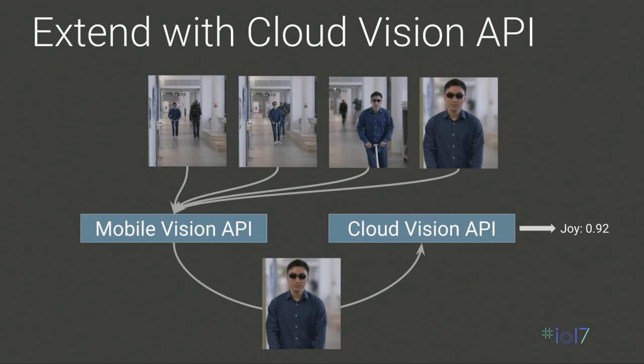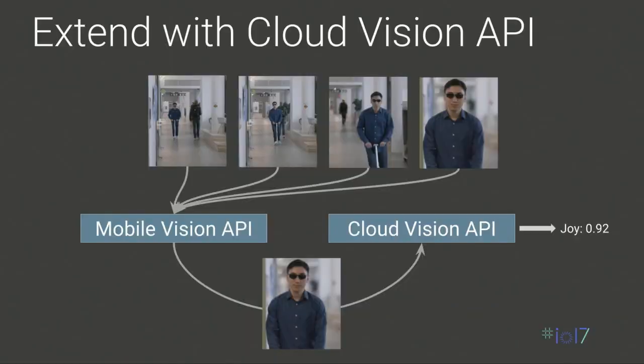So, if you want to detect the emotion of a person inside the video, you can combine Mobile Vision API and Cloud Vision API together. Use Mobile Vision API as a coarse detector or preprocessor, running on every single frame you have, to detect if there is a face inside the frame or not, or to detect if the face is large enough for Cloud Vision API to do emotion detection or not.